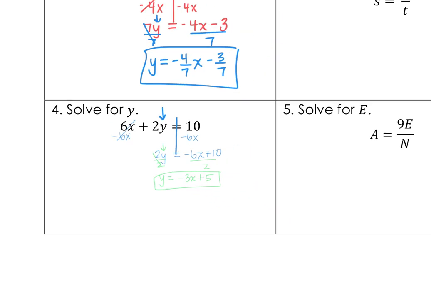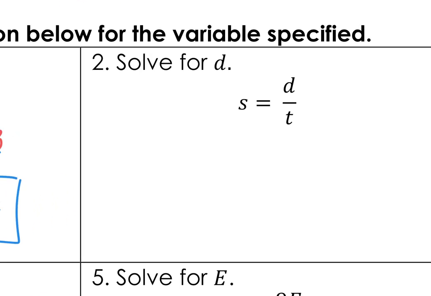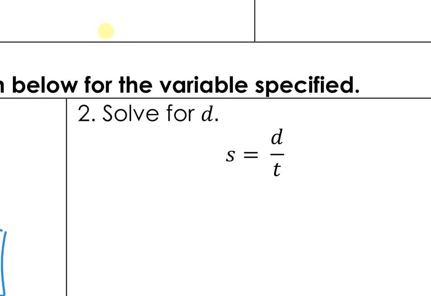All right. Number 2. It says solve for d. So I have s is equal to d divided by t. Listen to what I just said: d divided by t. So how do I get d by itself? Multiply, because if it's d divided by t, I undo division by multiplying.